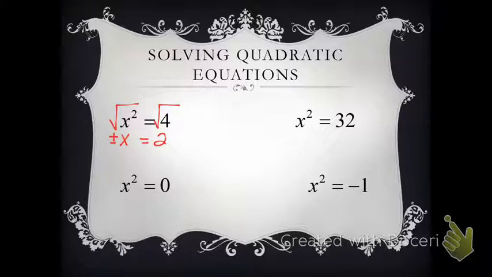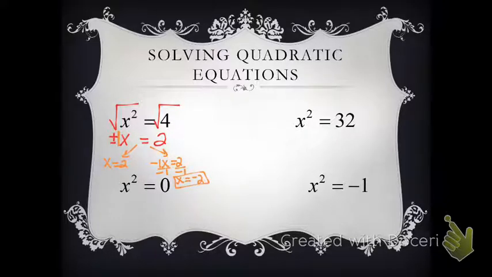And then basically what we're going to do here, you can think of this positive and negative x as a +1 and a -1, and it's like two separate problems. We're just trying to save some writing by putting it together, but what it really means is +1x equals 2 and -1x equals 2. And then to get the -1 over to the other side with an inverse operation, we would divide both sides by -1 and we'd get x equals -2.